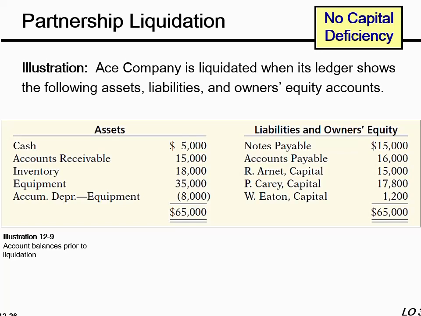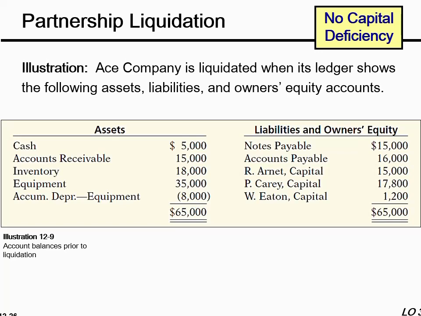After this, I'll discuss the second case, which has a capital deficiency. It means that after paying the liabilities, we still need some more money to pay the remaining claims. In that case, one of the partners will have a negative capital balance, and he will pay from his personal property.